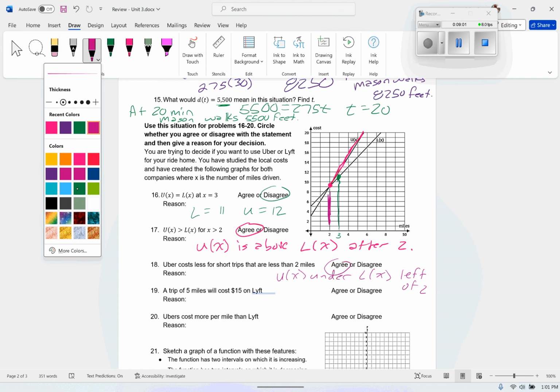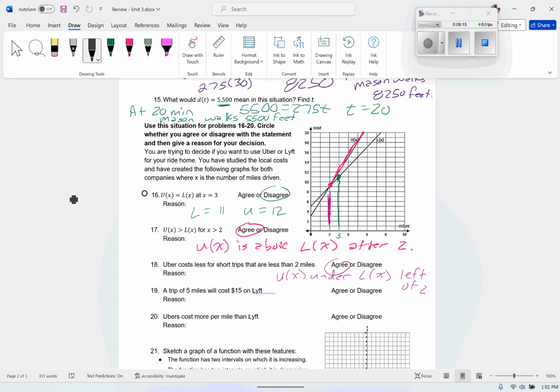Okay, then we have a trip of 5 miles will cost $15 on Lyft. So a trip of 5 miles, so here's 5. We're looking at Lyft, right? Well, does that appear to be 15? I agree. So you can do that.